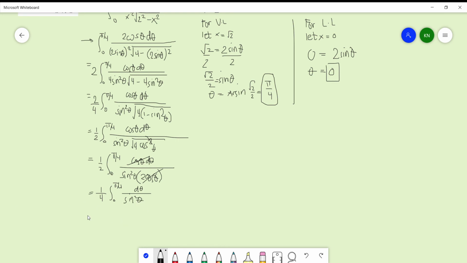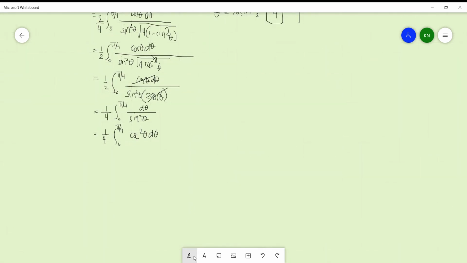Then afterwards, we know from basic trigonometric identities that 1 over sine squared theta is also equivalent to cosecant squared theta. So we have from 0 to pi over 4 still, that is equivalent to cosecant squared theta d theta.